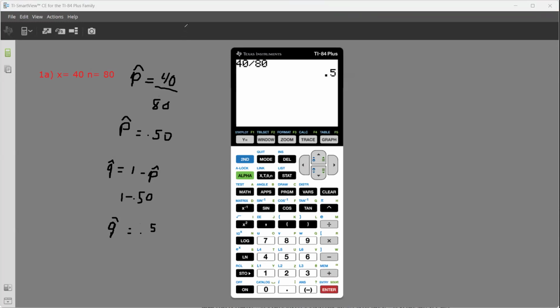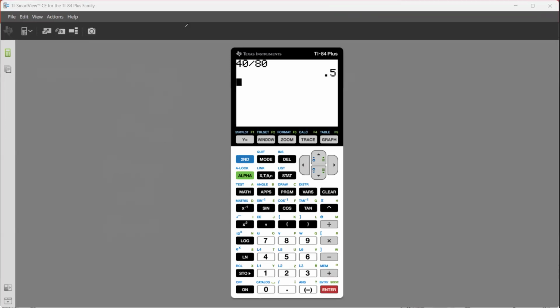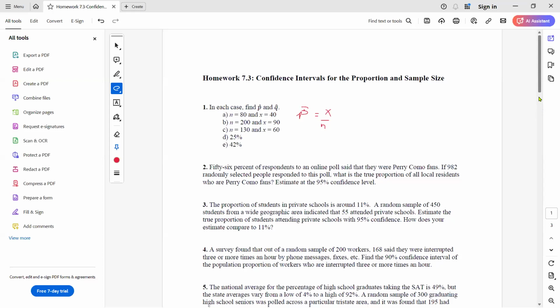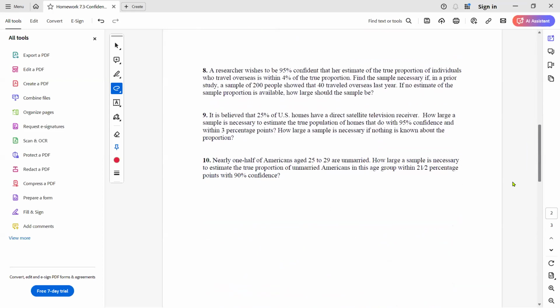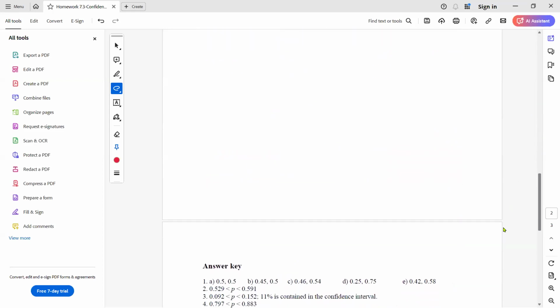So now if I go back to homework here, I need to look down at the answer key because there's a little omission.